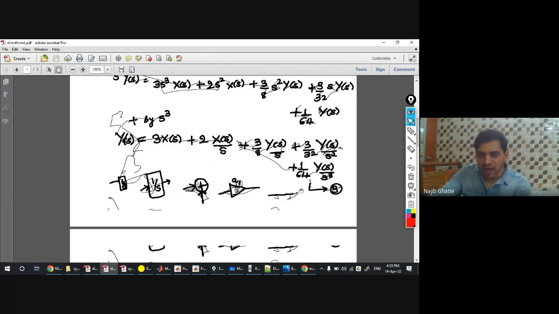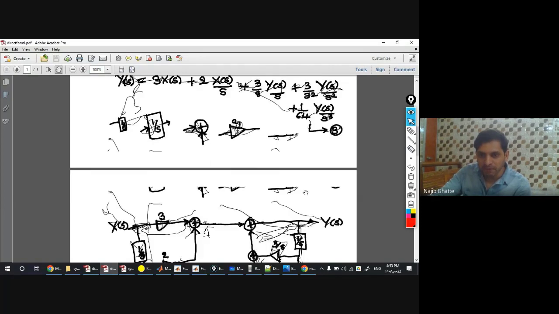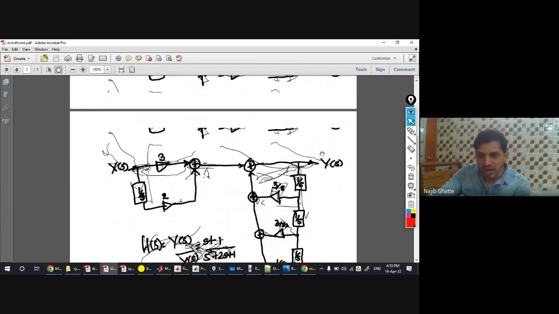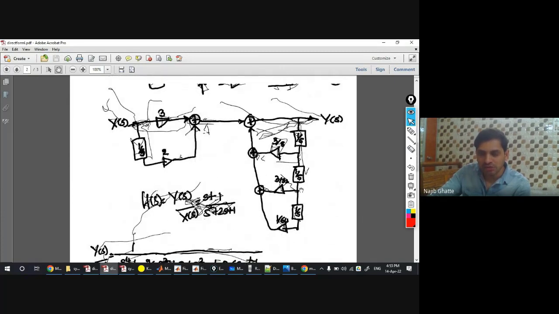And lastly, we have 1 upon 64 as the amplifier, and 1 upon s three times, which gives 1 upon s cube, and this again I put in this loop.